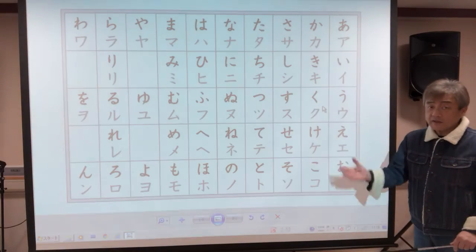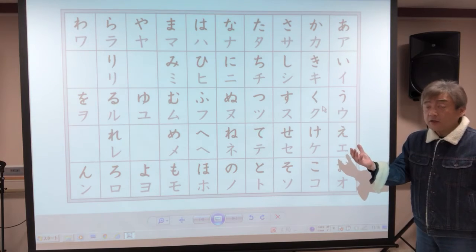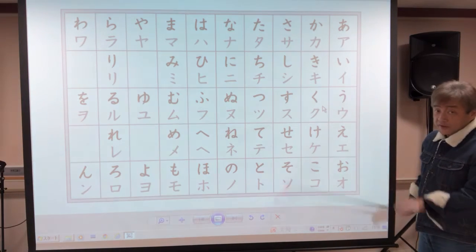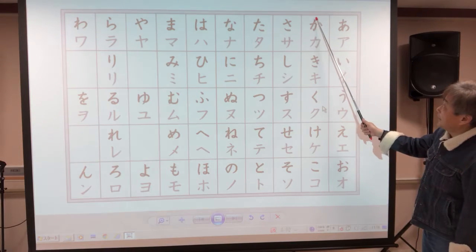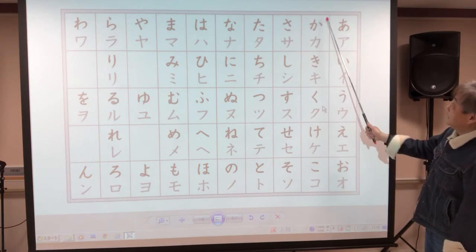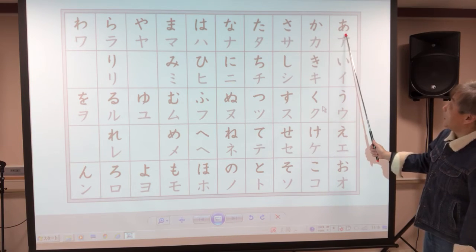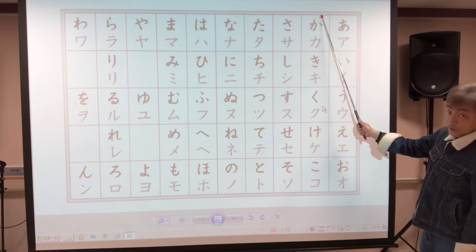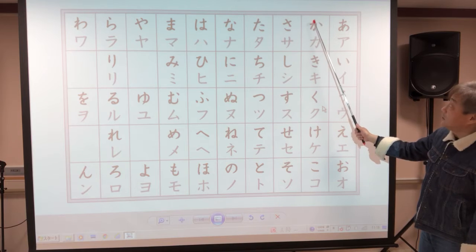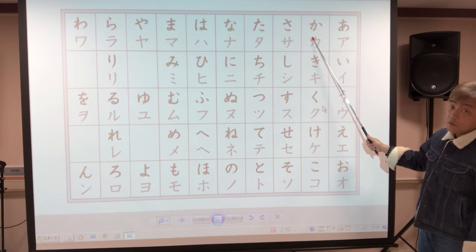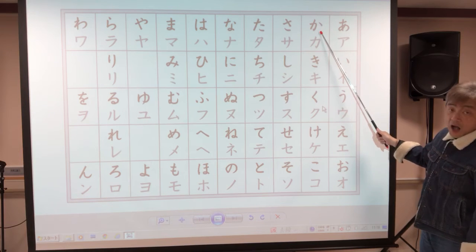So, like I said, it should be combined with these vowels. The combined sound of this consonant with the vowel is ka, ka.